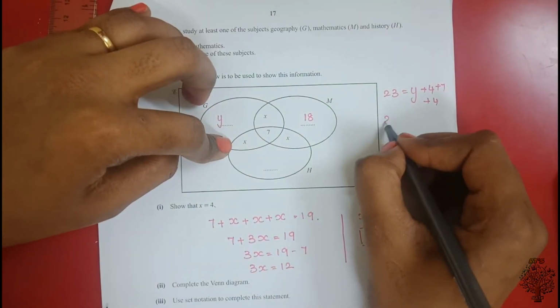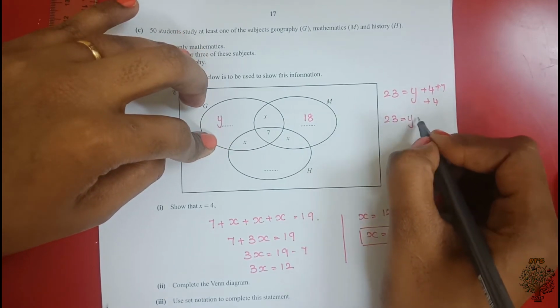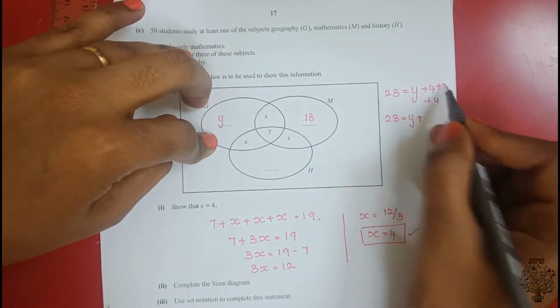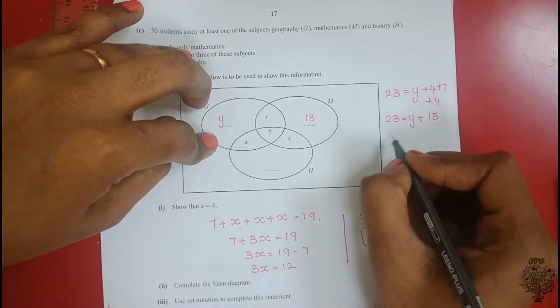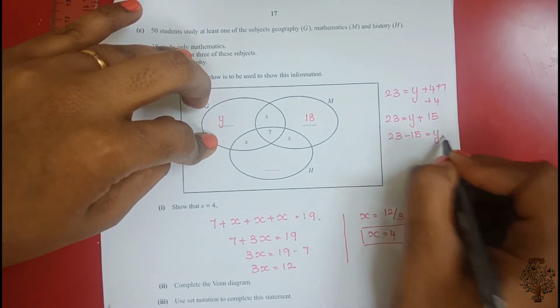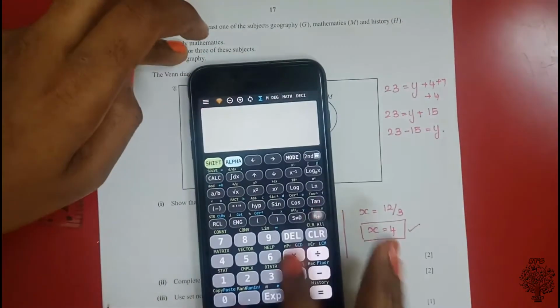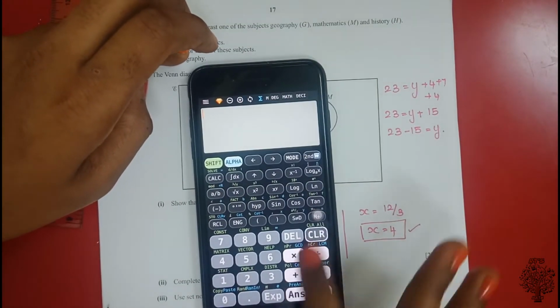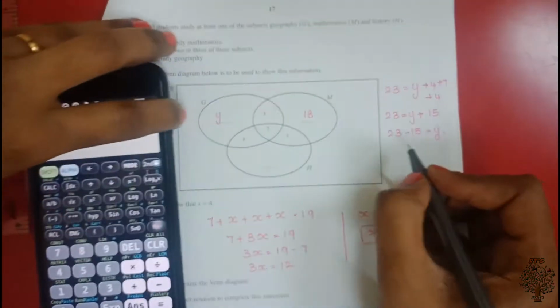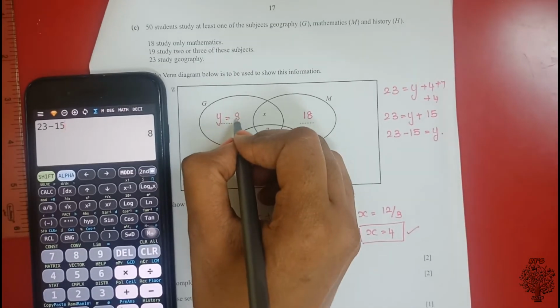Okay, I have 23 is equal to y plus 4 plus 4 plus 7. 4 plus 4 is 8. 8 plus 7 is 15. So I can say 23 minus 15 is equal to y. That gives me 8. So our y is equal to 8.